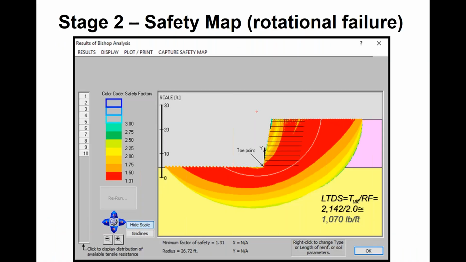Now remember, stage 1 is great. Internal stability, we can get a real nice visualization and quantification of the demands required for efficient design of these structures. But we always got to check global. We always got to check external stability too.